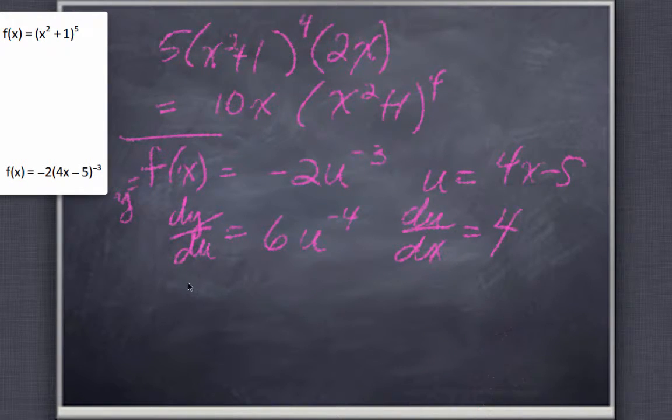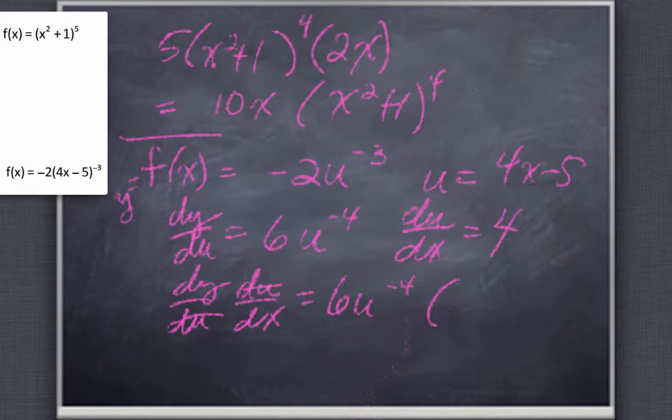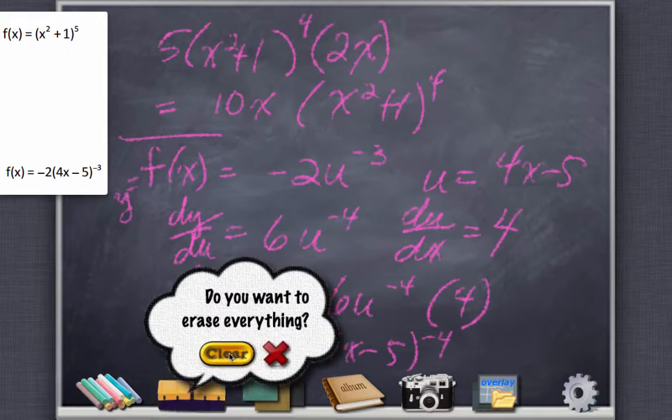So dy du times du dx, which is then dy dx is 6u to the negative 4 times 4 is 24, and now I have to put whatever u was back in. And then that's done. So whichever way makes more sense to you, just do it that way.